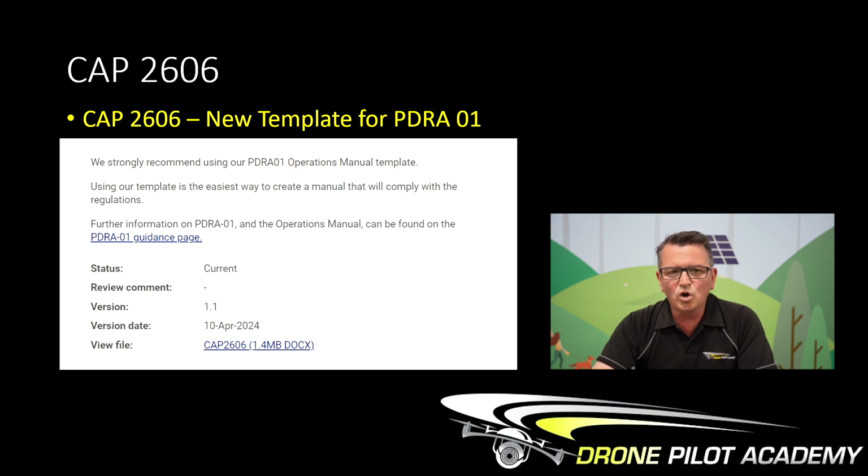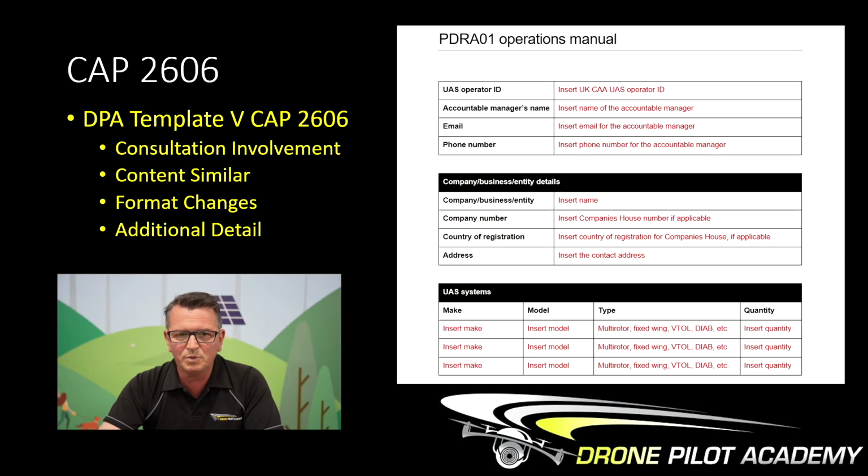So if you've got a Drone Pilot Academy template already, it is pretty much the same. We were involved in the consultation period. There are some format changes and there's some minor additional details, so it should be very easy to transition across to the new operations manual template. But of course, if you need any help, then just let us know.